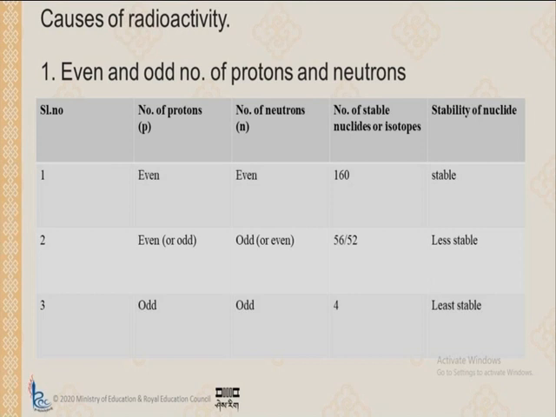So from these 3 categories, these 2, less stable and least stable, will undergo nuclear disintegration to become stable. So this is one of the causes of radioactivity, because of odd numbers of both protons and neutrons.